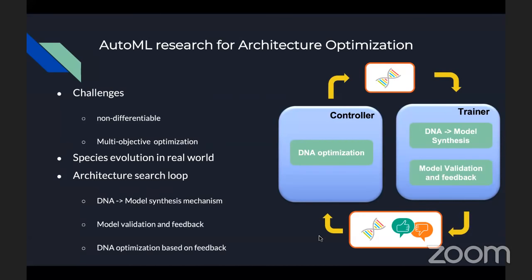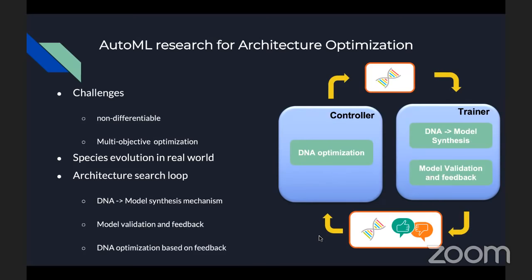So the challenge here is that architecture design is not a differentiable problem. So we cannot use gradient descent to optimize in general. But recently, there might be some other research that could do that, which is a promising research direction. But in general, it's not differentiable. For example, whether we want to use log transform or not is not differentiable with respect to the target.